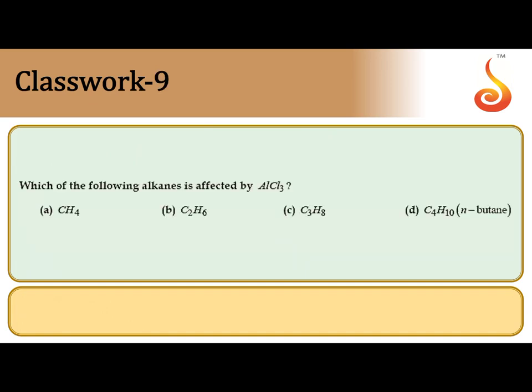Which of the following alkanes is affected by AlCl3? When alkane is heated with AlCl3, it undergoes isomerization. Let us take butane, C4H10, N-butane.